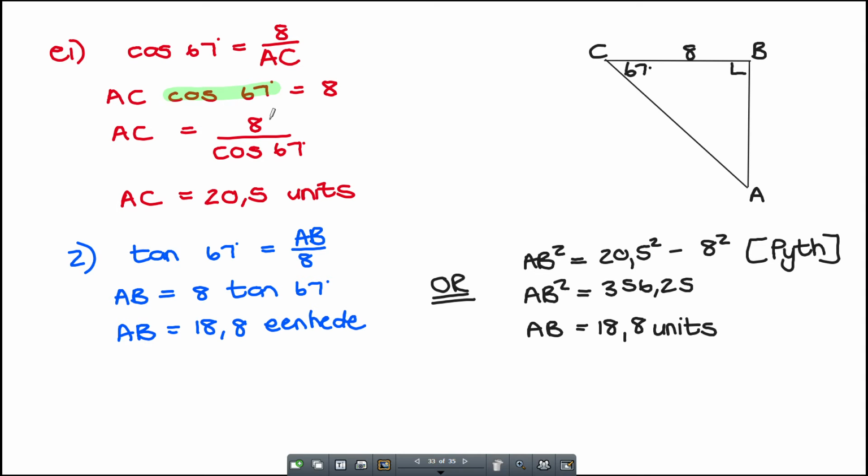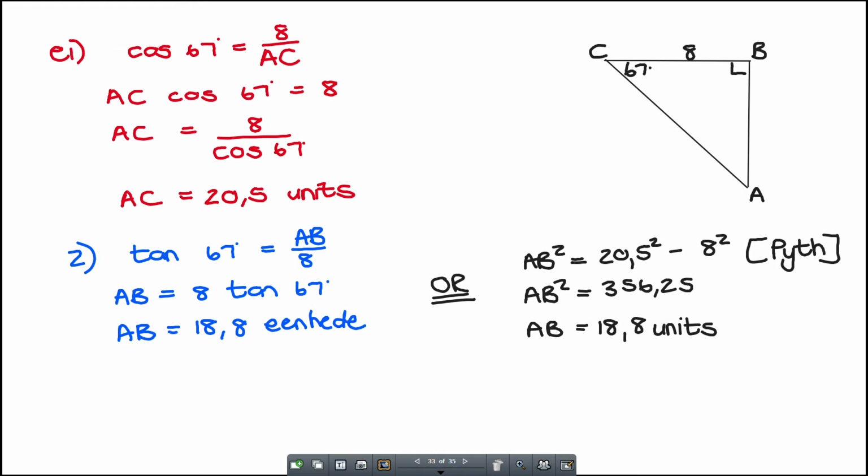So all I do is take it to the other side, because it was AC times that cos 67. So if I take it over, it will become divided by cos 67. And then this fraction, you type just like that, that whole thing, into your calculator. And that, if you round it off to 1 decimal, gives you 20,5 units.